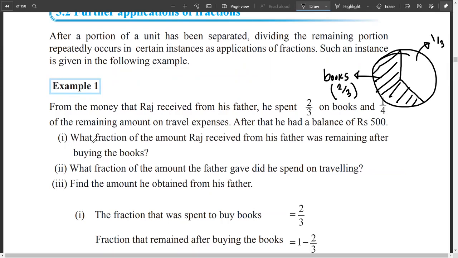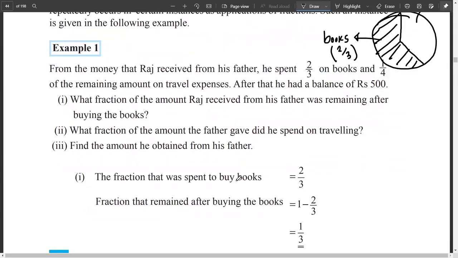So the first question is: what fraction of the amount Raj received from his father was remaining after buying the books? That's very simple. The fraction that was spent to buy books is 2/3.